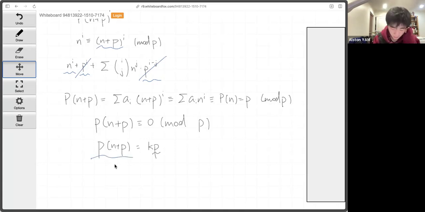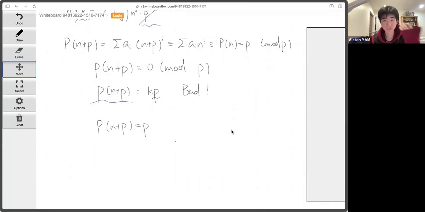So that's bad. So we must have P of n plus p equal to p, for it to still be a prime, because if it's any other multiple, it'll break.